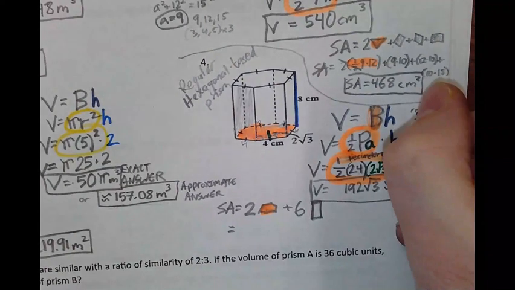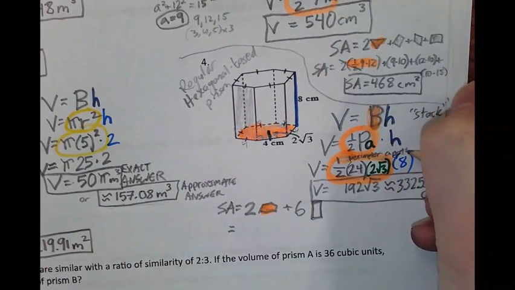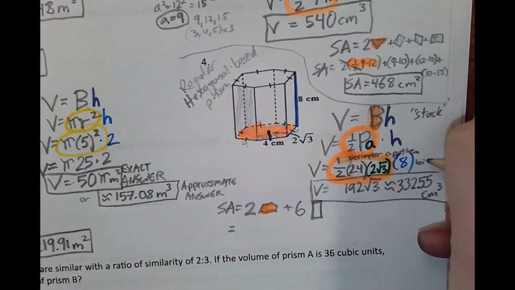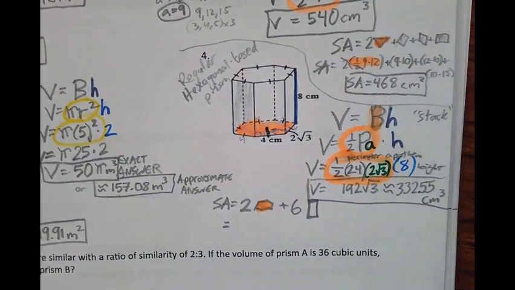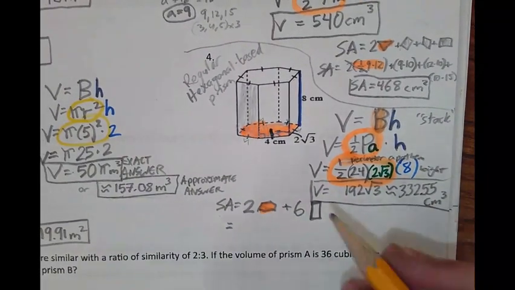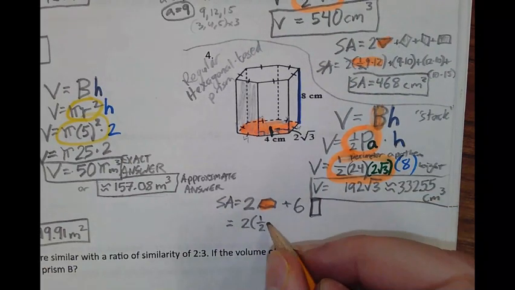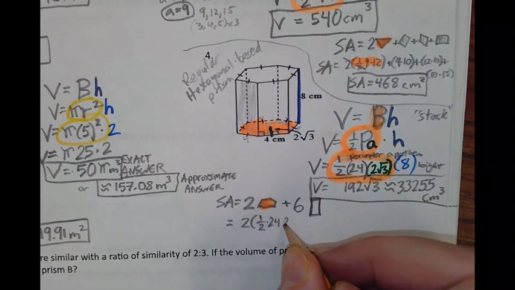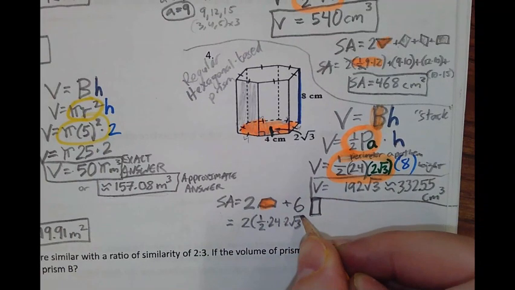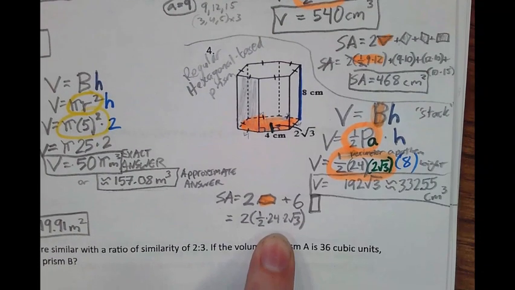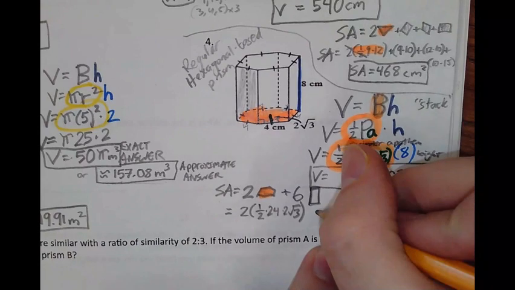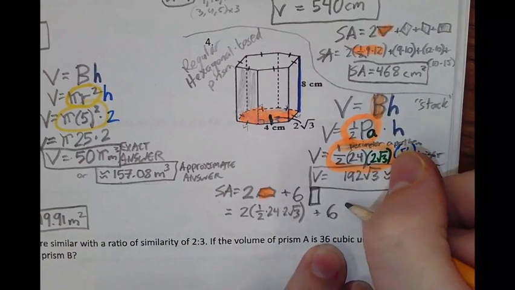The base area, we kind of figured it out here. It's 1/2 PA, perimeter, apothem, and the height. Sorry about that. So it's going to be 2 times 1/2 times 24 times 2 root 3. Whatever that is, we didn't actually do that individual calculation yet.